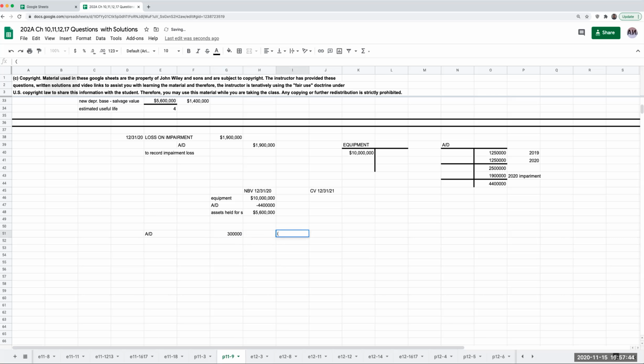This is the difference between 5.9 million and 5.6 million. Then I'm going to credit recovery of loss on impairment. What's really important here is that we can recover up to the 1.9 million, but we cannot go beyond that.